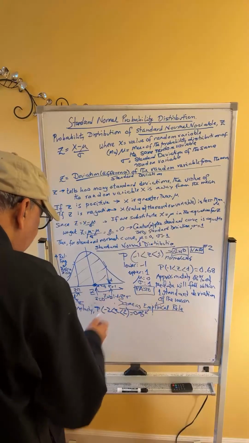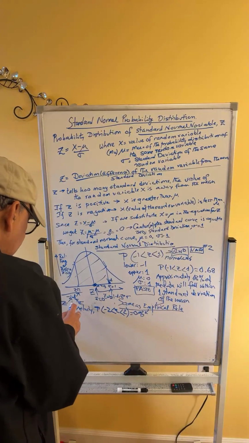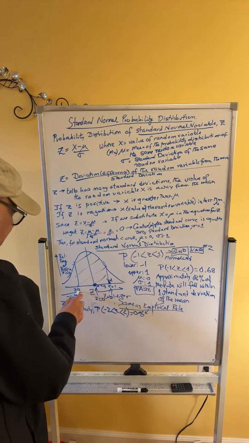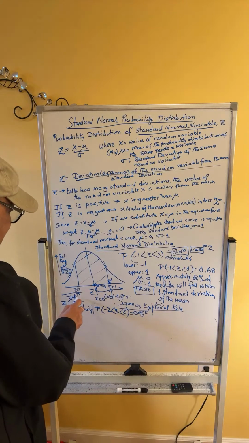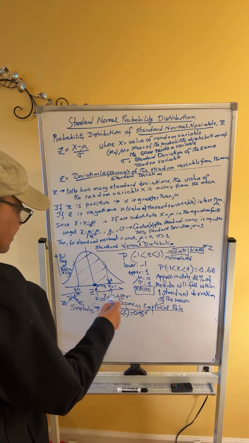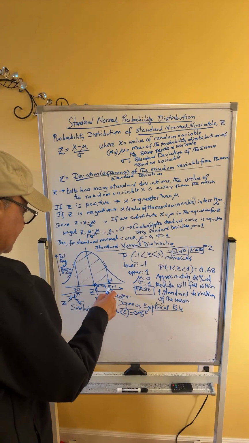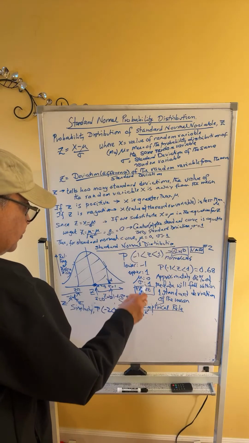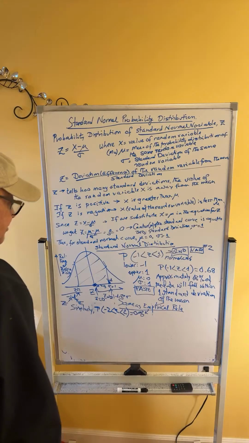Sigma is always 1. So z of -1 is the product of z times the standard deviation, which is 1 in this case. Similarly, for z of 1, the z value is 1 times the standard deviation, which is 1.